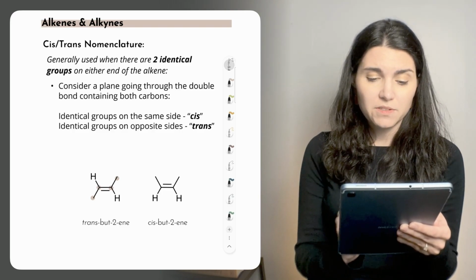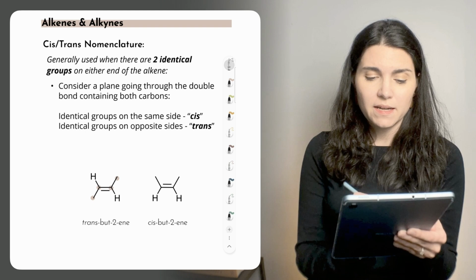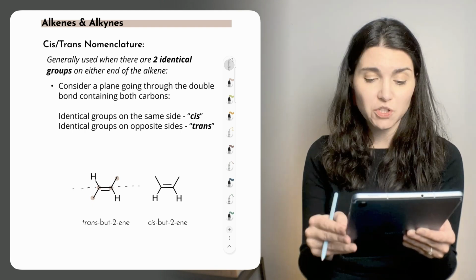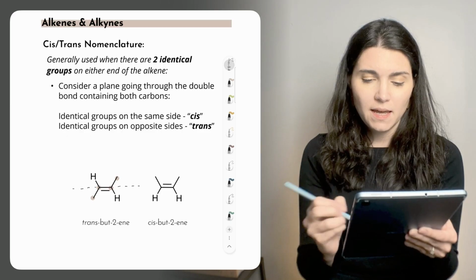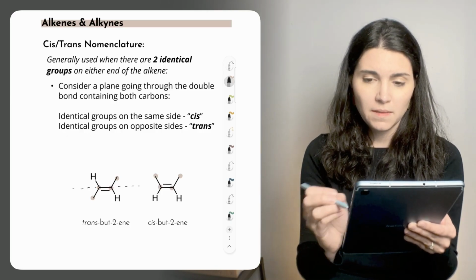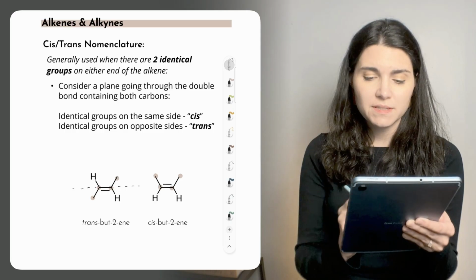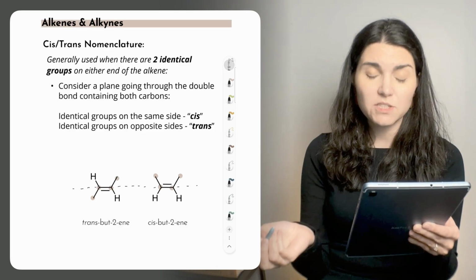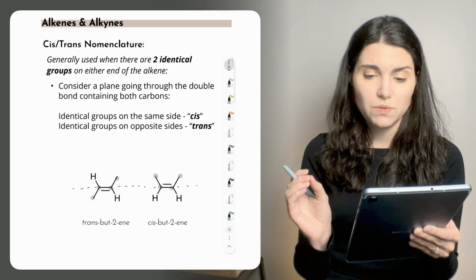And those hydrogens are on either side of that imaginary plane, so it's trans but-2-ene. And in this representation of the butene, we have those hydrogens and they are on the same side of that imaginary plane, so it is cis but-2-ene.